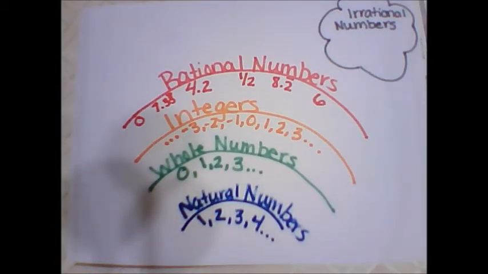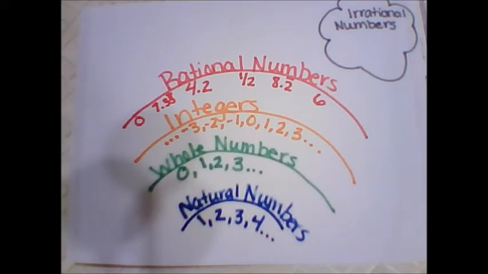So what does this model in front of us even mean? We have a bunch of colors here. We have a cloud. We supposedly have a rainbow here. What does it mean? Well, this model is used for classifying numbers. And we can classify numbers in different sets.